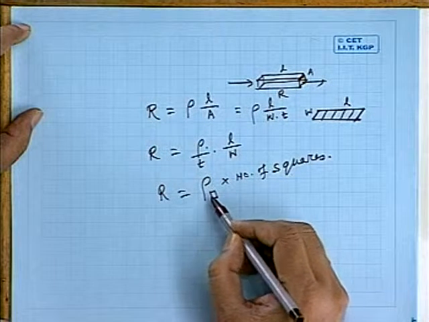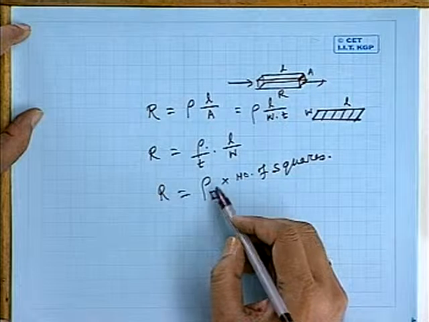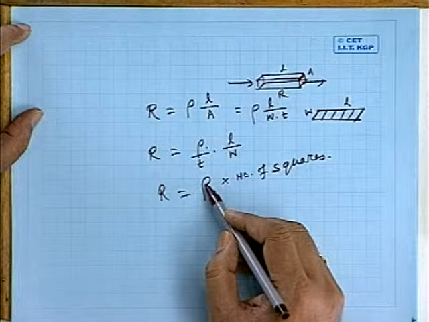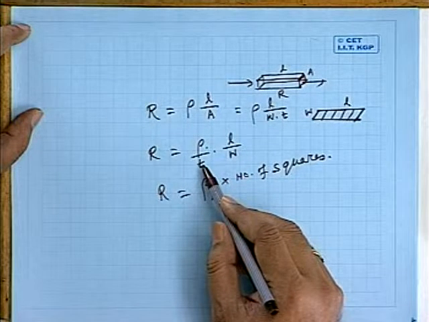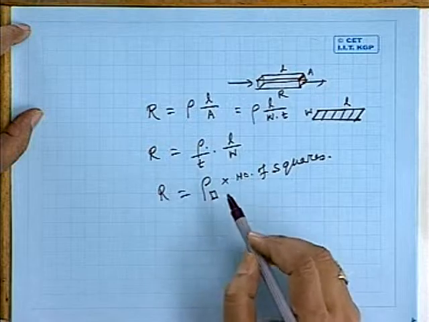This rho square, what is the dimension of rho? Ohm centimeter, and the T thickness is also in centimeter. So ohm centimeter by centimeter, it is only ohm.